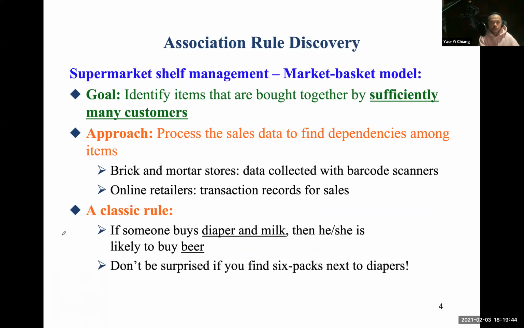Okay, so a classic example: if someone buys diaper and milk, this person is highly likely to buy beer. So think about this. How do we know this? Well, if you're running a local grocery store, you will sit there and watch people's behavior every day, right? So eventually you get a sense of what items are frequently purchased together.